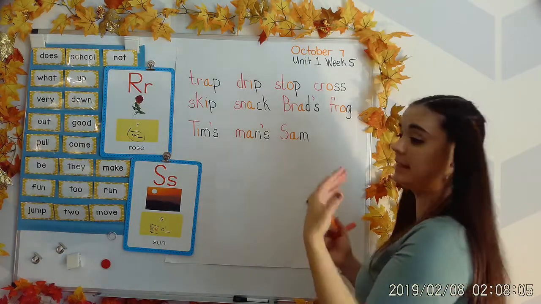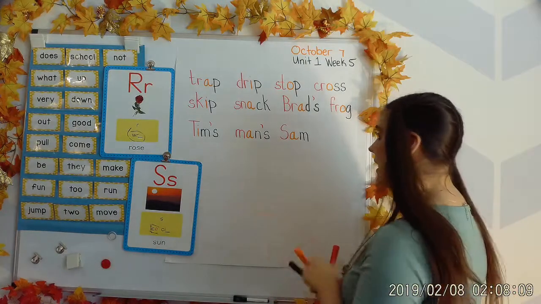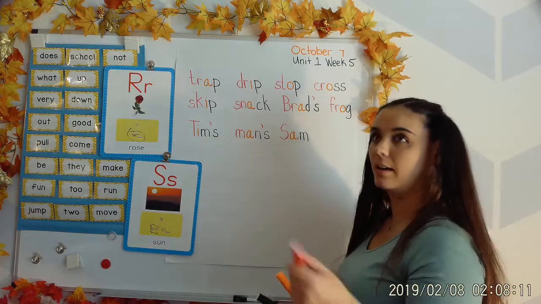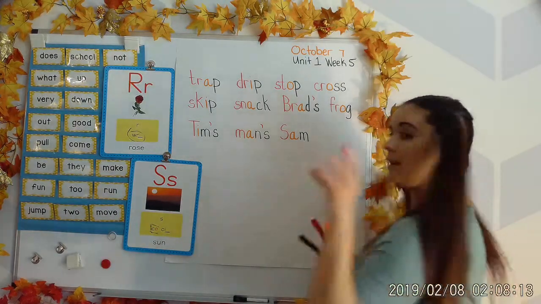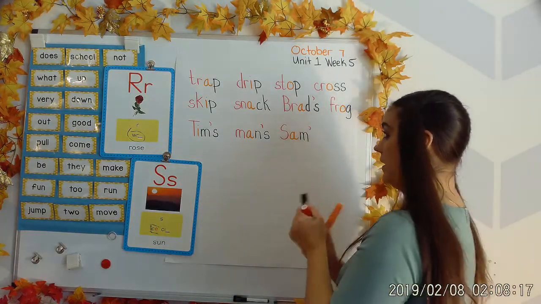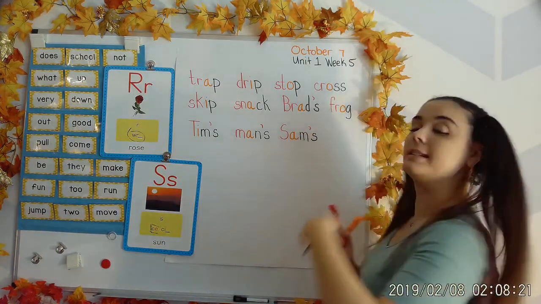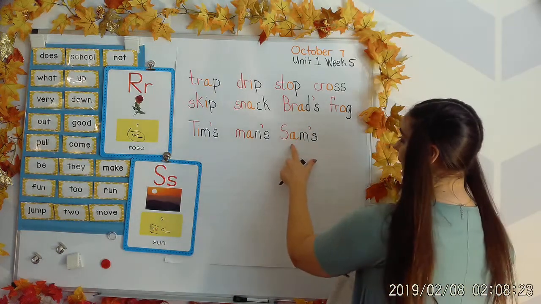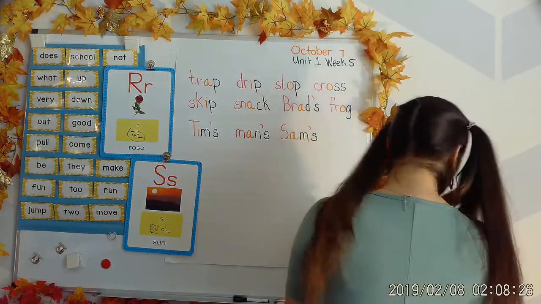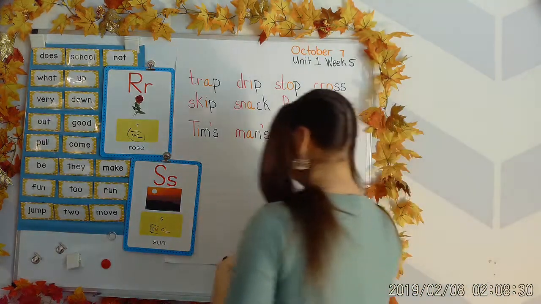So if I want to say that this bike belongs to Sam, this is Sam's bike, I need what? Go ahead and shout it out. I need an apostrophe. I think I saw some lips moving. I need an apostrophe. And then I also need an S to say Sam's. Sam's. All right, let's do a sentence.